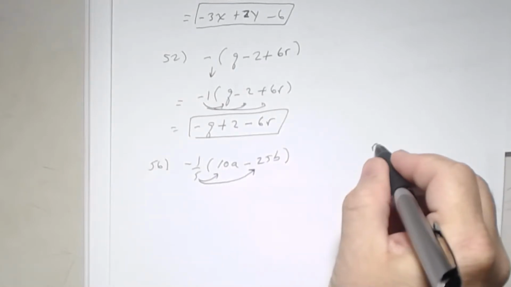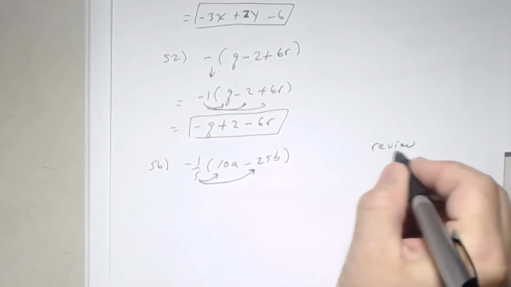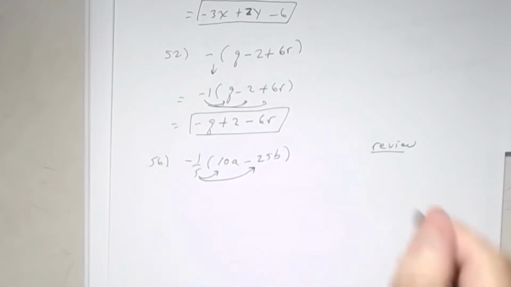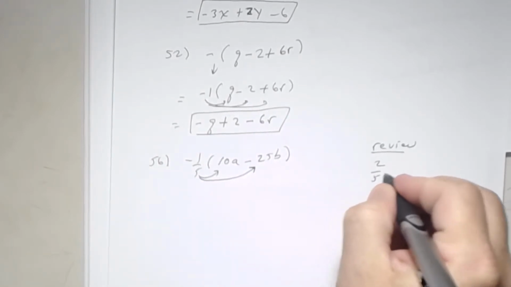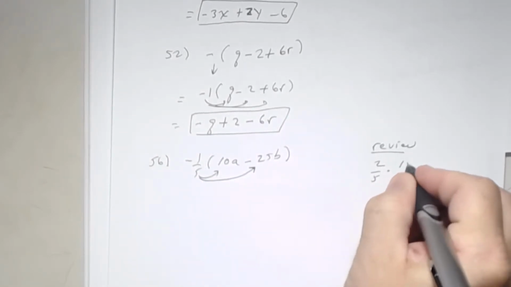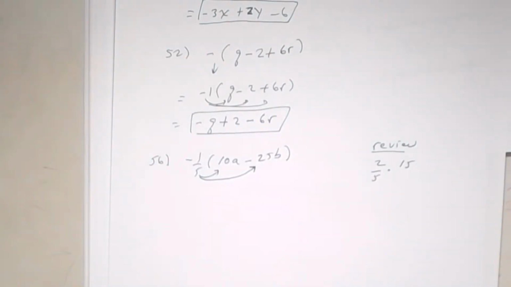If I had, from a previous course, 2/5 times 15. How did you deal with this in a previous course? Multiply the numerators. Okay, so one approach is to multiply the numerators first, then multiply the denominators.